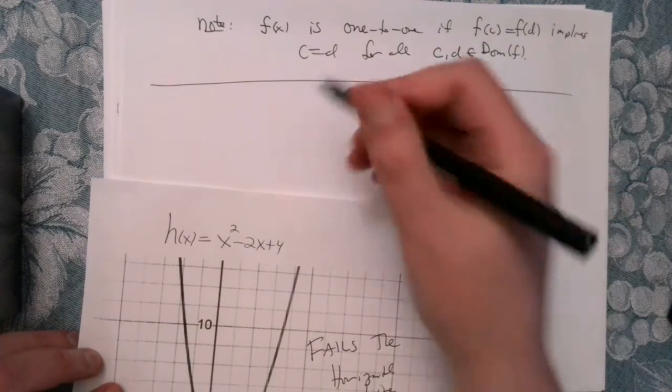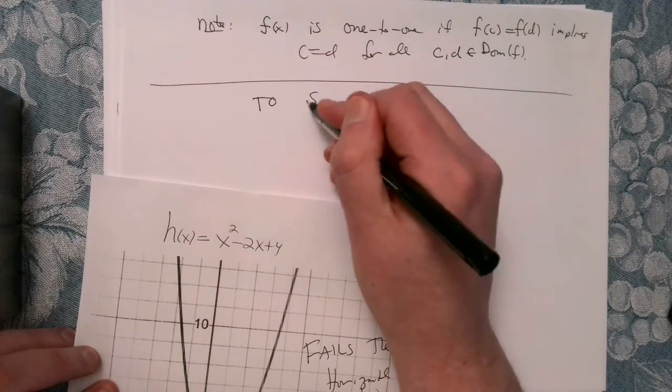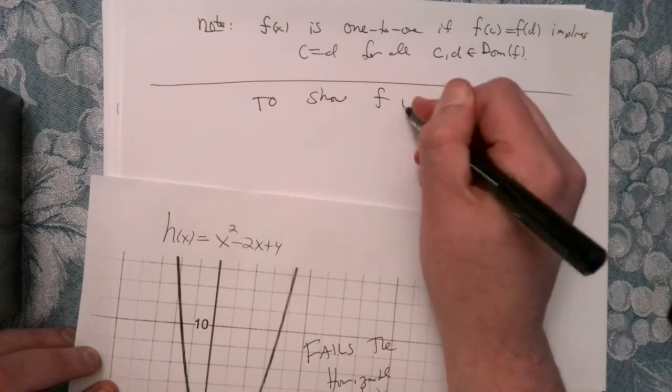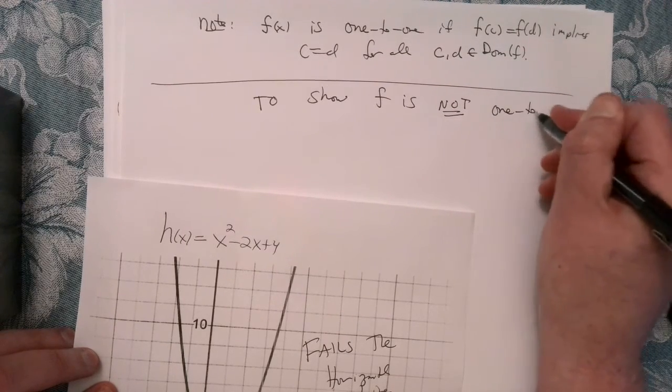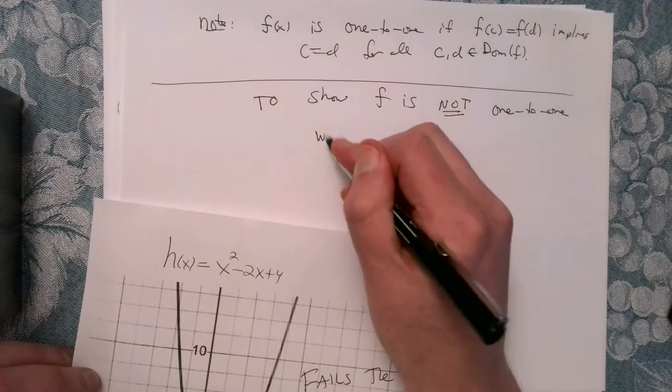So how to disprove? To show f is not one-to-one, we need the following.